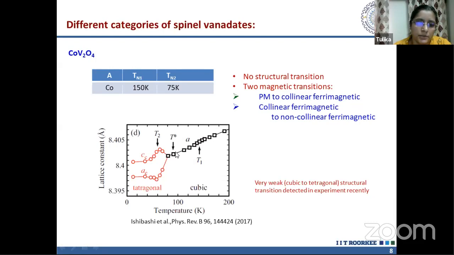It's an extremely weak structural transition that was detected, and then further at lower temperature at T2, which is around 59 Kelvin, they say that there is a symmetry change, though it remains tetragonal, but the symmetry goes from I4_1/a to I4_1/amd structure. Okay, so the symmetry changes at T2, which is 59 Kelvin.